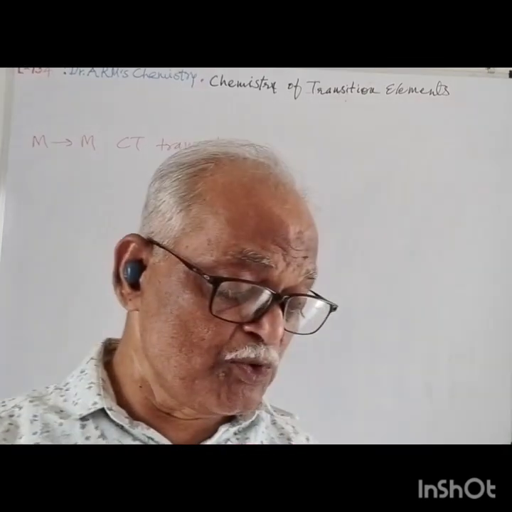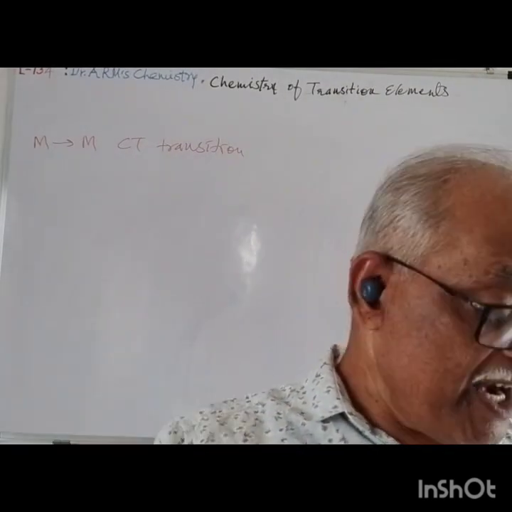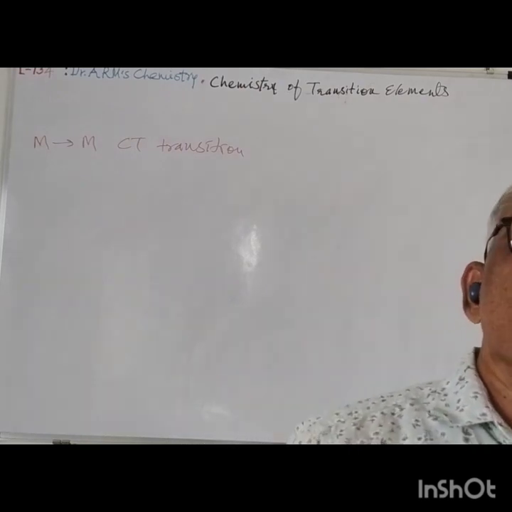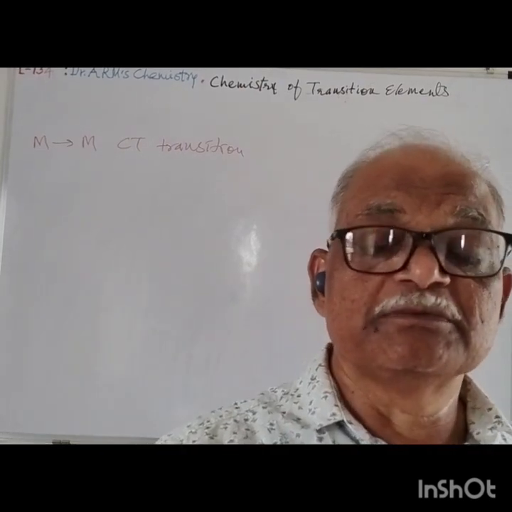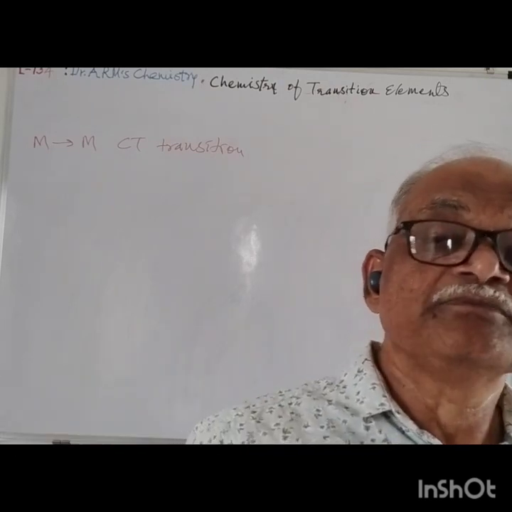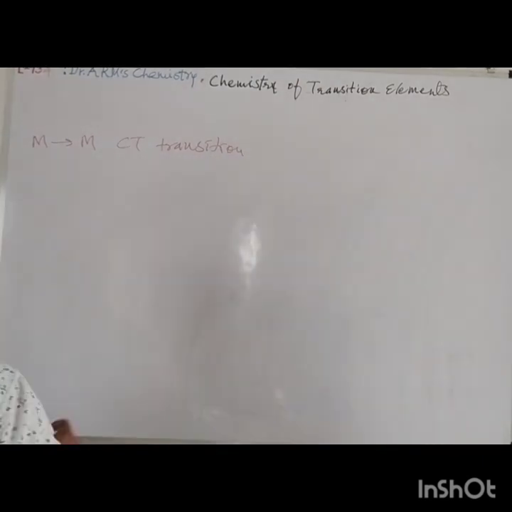So out of the two metal ions, one is in lower oxidation state and another is in higher oxidation state. And there is one bridging ligand, so this acts as the conductor. We will show this in the example.